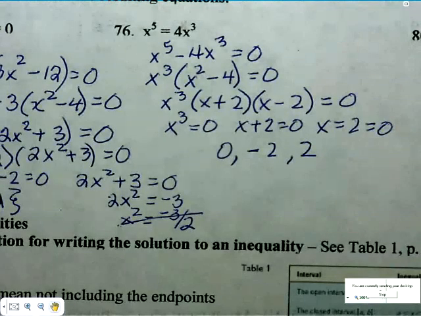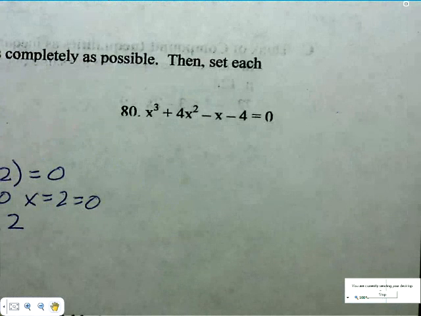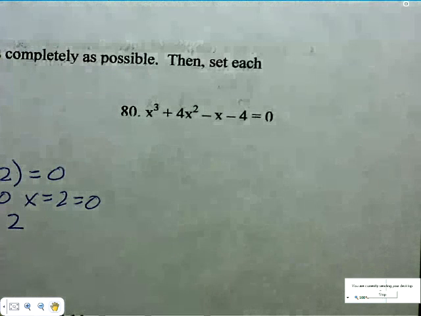All right, one more problem. Number 80 is a third degree equation. It's already in standard form, but how do I solve it? The only way I know how to solve a 4-term polynomial is by grouping. Group the first two, group the last two, pray that you end up with the same thing in both parentheses.